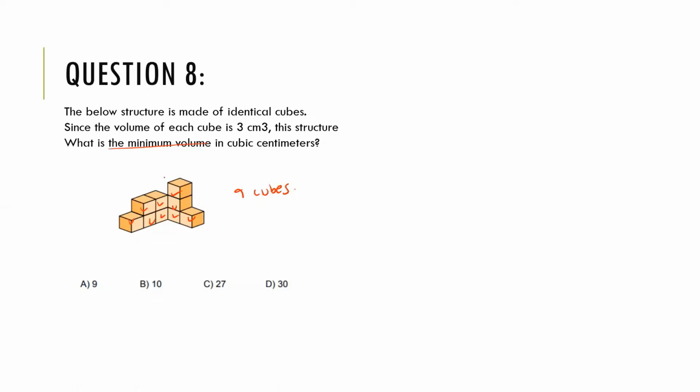So we should assume that there are no unit cubes behind. So we should think that there are 9 cubes. Each cube is 3 cubic centimeters. All volume is 9 multiplied by 3, which is equal to 27 cubic centimeters.